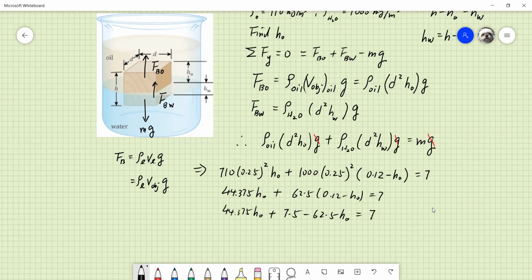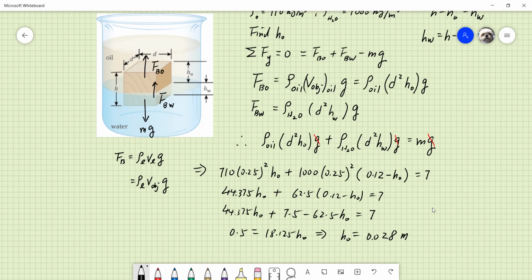Now then we have 0.5 equal to 62.5 minus 44.375, right, which is 18.125 HO. H oil will be equal to 0.028 meter.